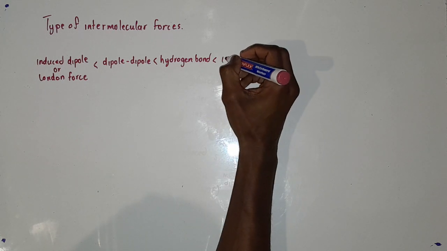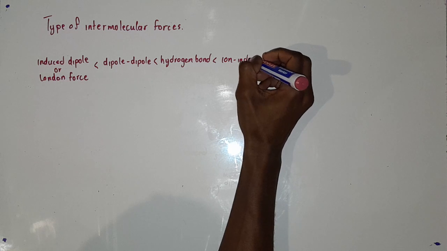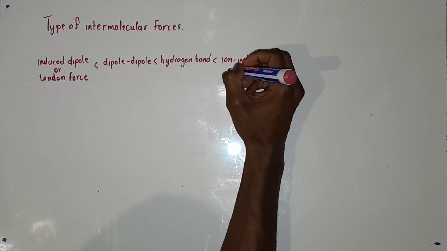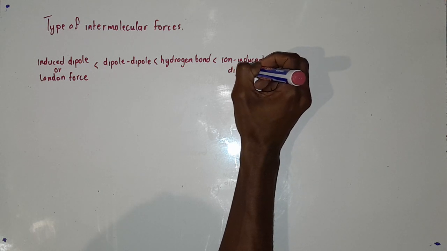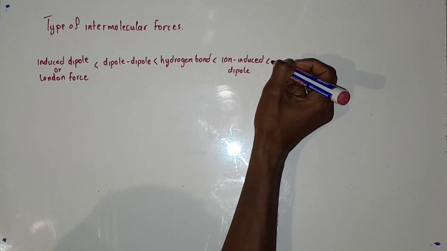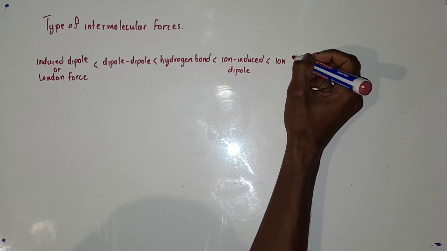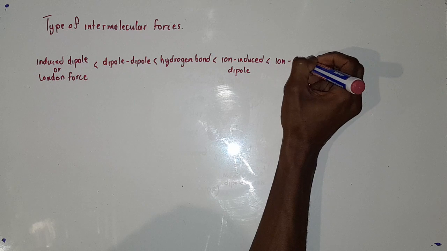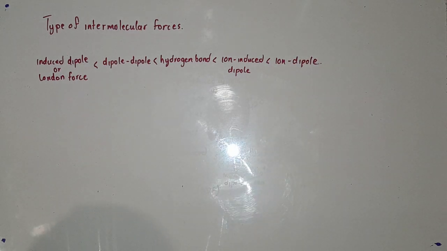Then you get an ion-induced dipole. Do you understand? Lastly, we get an ion-dipole, like this. You see?